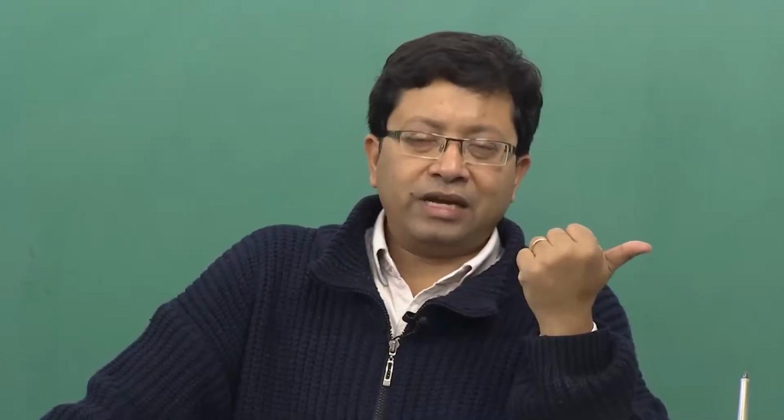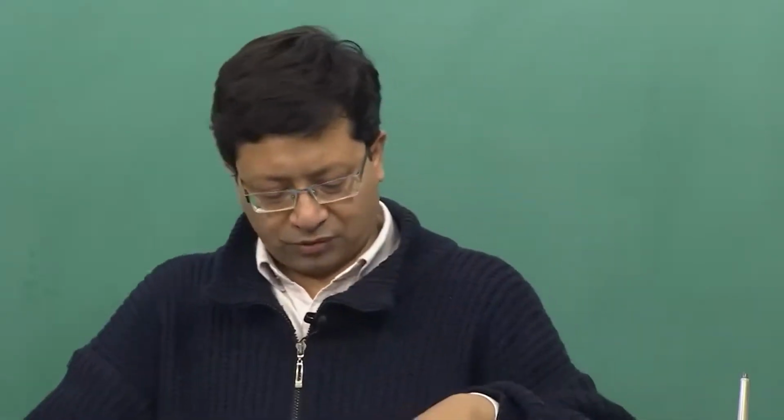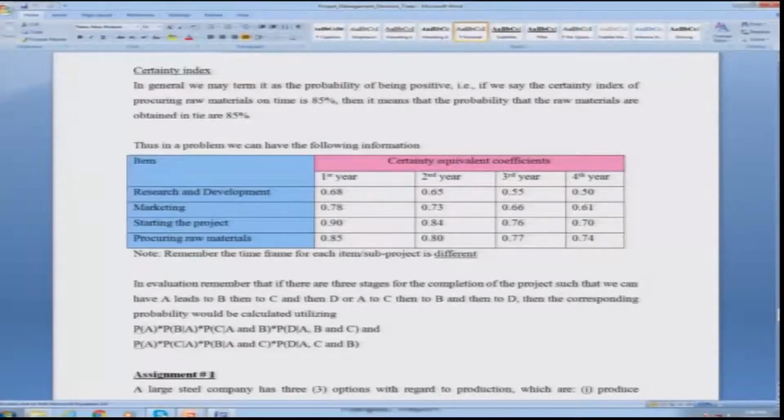So, the probability of D, which is the last one, dependent on C, B, A has already happened, would be very low. So, what you will have, if you look at this term, probability of A, then probability of B provided A has happened, and the third term is probability of C provided A and B has happened, and the last term there you have is probability of D provided A, B and C has already happened. So, you can find it accordingly.